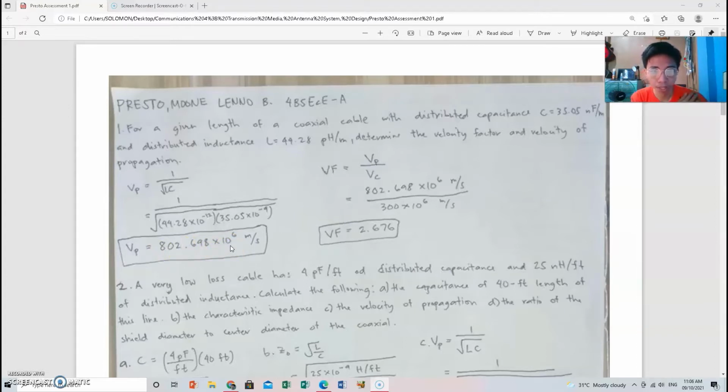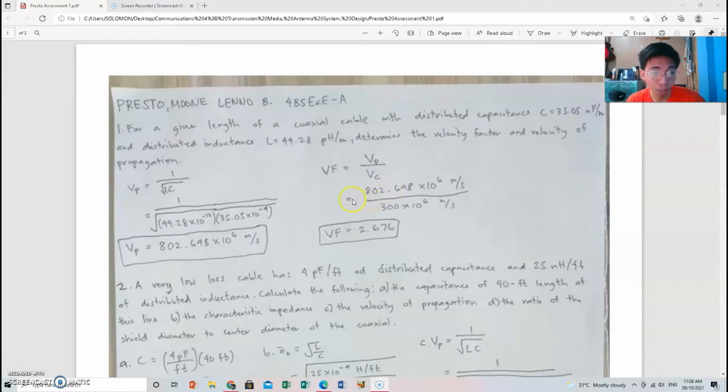Okay, since we are finding the velocity. And next, we find the velocity factor, that is the ratio of velocity of propagation to the velocity of light. So since we have found the velocity of propagation, we just want to input it in the formula.